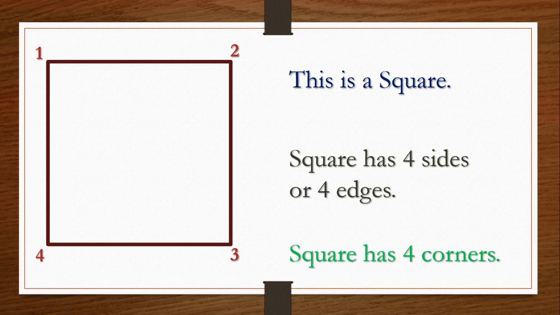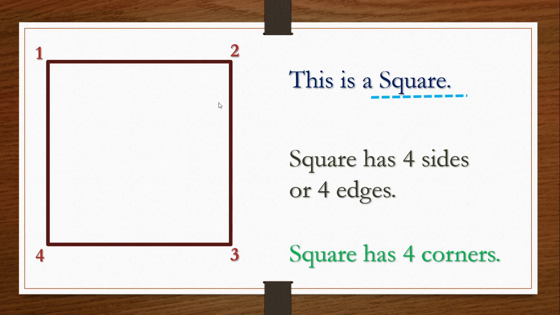Come on, dear children, tell me what is the difference between this square and that rectangle? Yes? Can you find any difference between that rectangle and this square? Rectangle also has 4 sides. Square has also 4 sides.